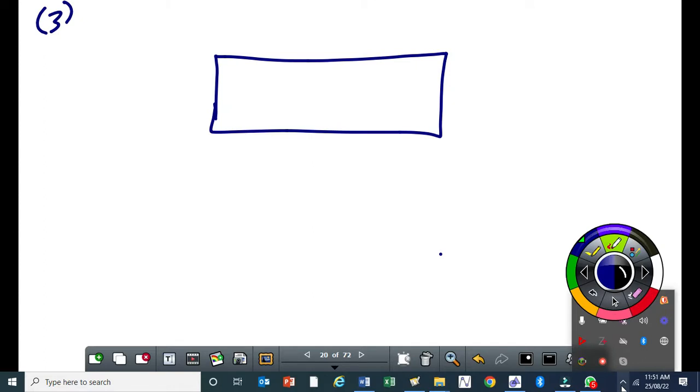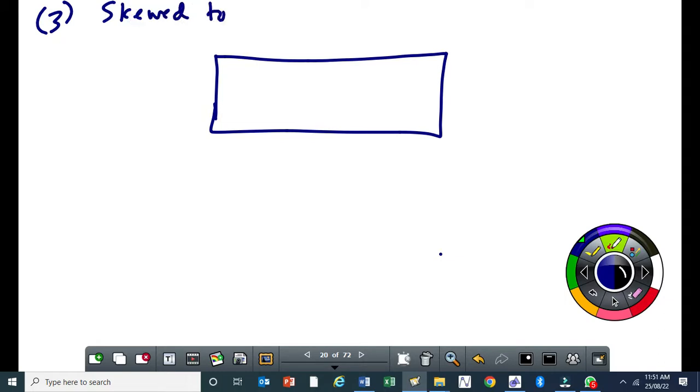Alright, let's carry on. So we also have skewed to the left. Now, if the data set is skewed to the left, we call that negatively skewed.